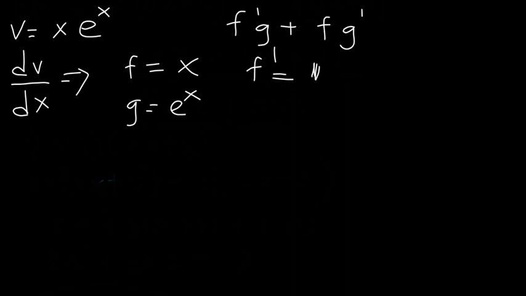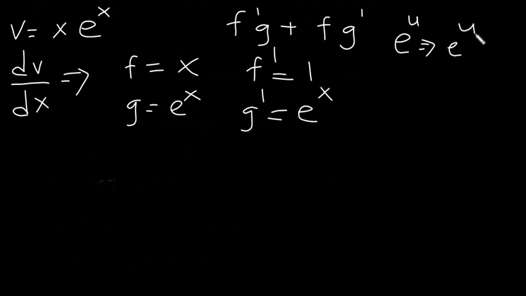Okay, let me write this one properly. So it's 1, and then g prime is still going to remain as exponential x, because the derivative of a function, maybe exponential u, is supposed to be exponential u multiplied by the derivative of u.